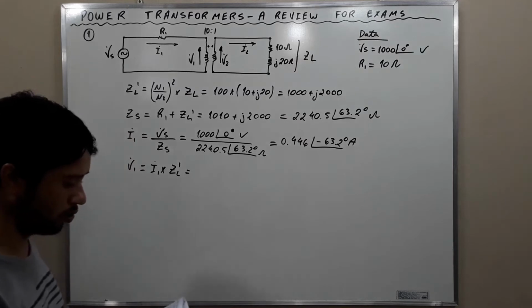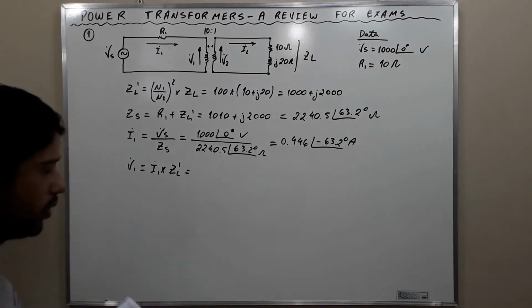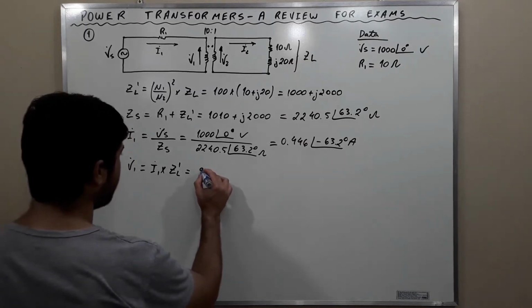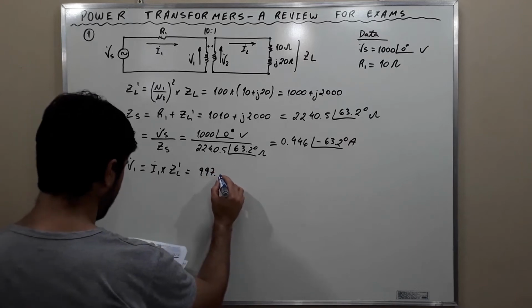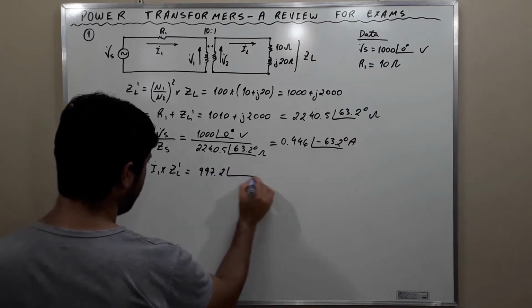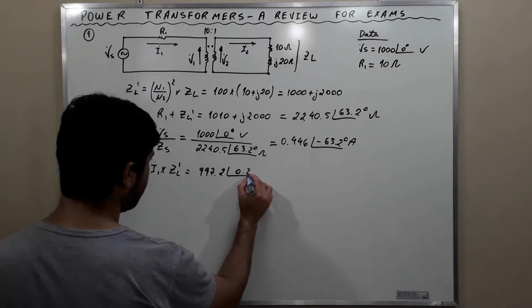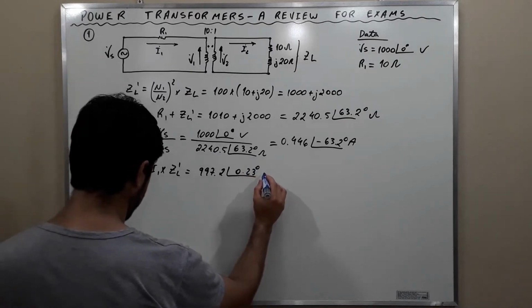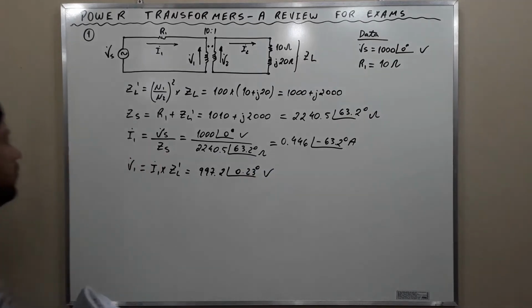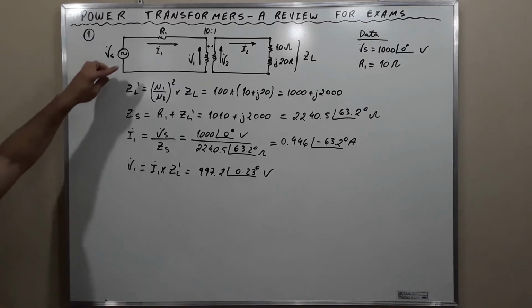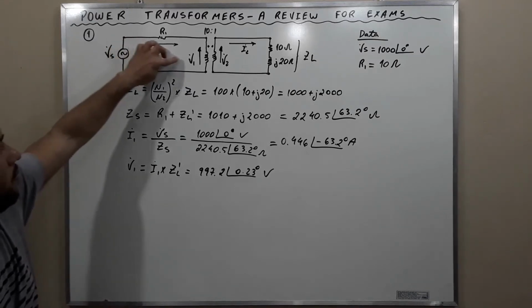When we multiply one by the other, we get 997.2 phase 0.23 degrees volts. Alright, we already have I1 and V1.